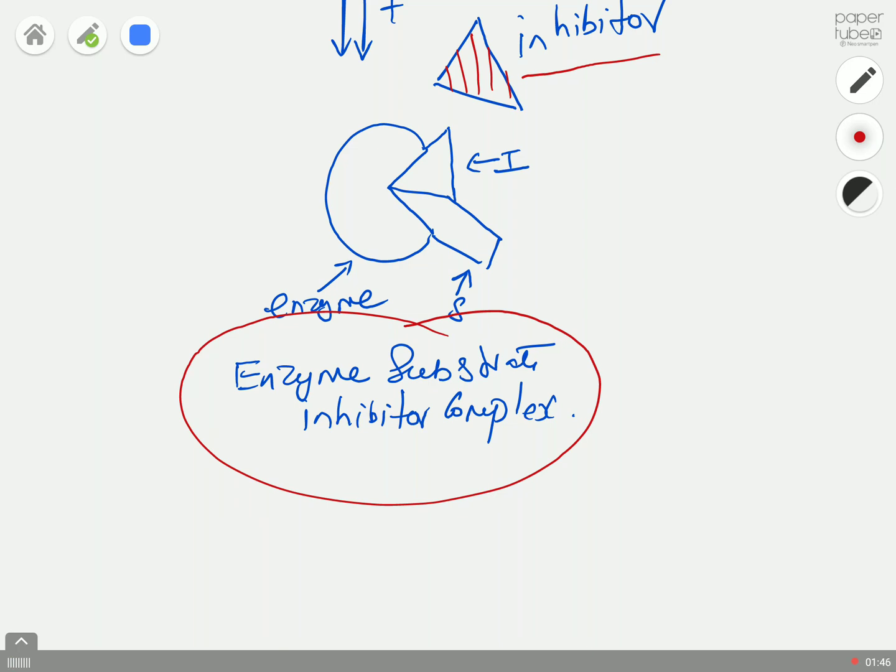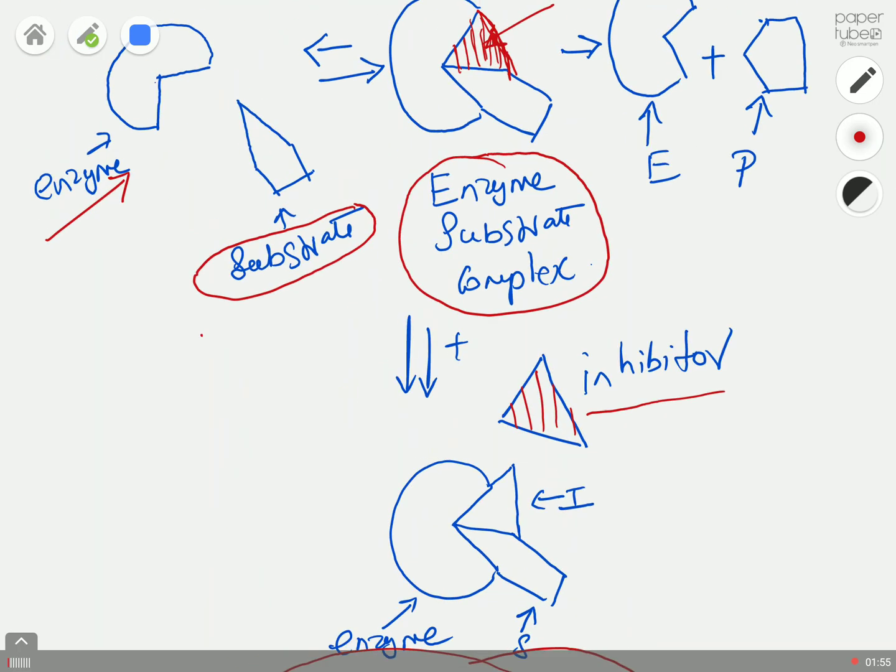So that's the meaning of that. What we have to focus on here is the first process, enzyme plus substrate. This one is completely reversible, and then the inhibitor goes and binds to the enzyme substrate complex to make the enzyme substrate inhibitor complex. Again, this process is completely reversible.